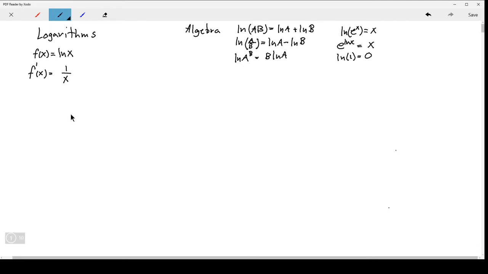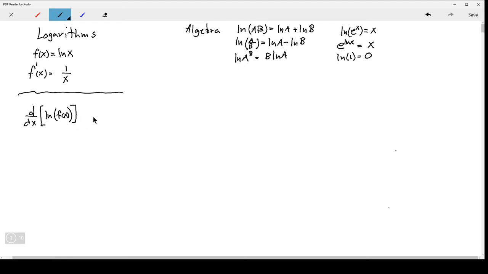Now, if I have a composite function, let me go back to the d dx notation here. It's easier to write this down. d dx of ln of some function, f of x.